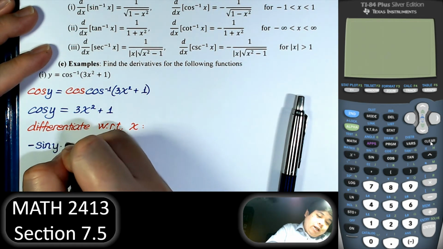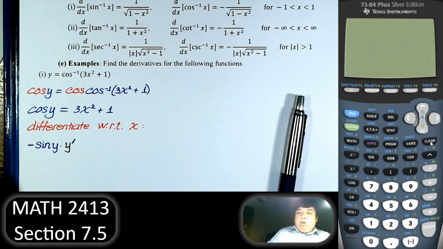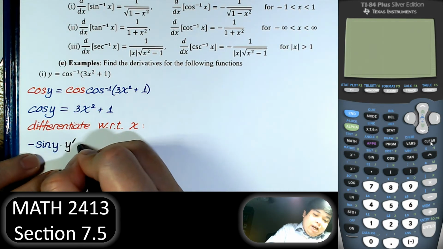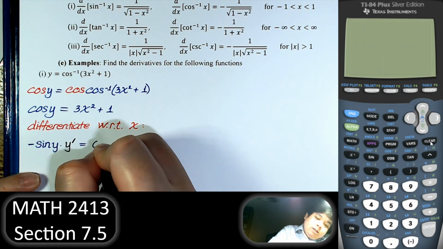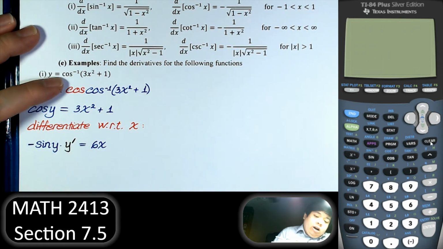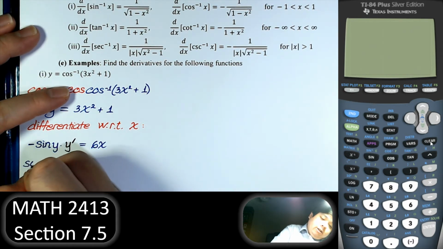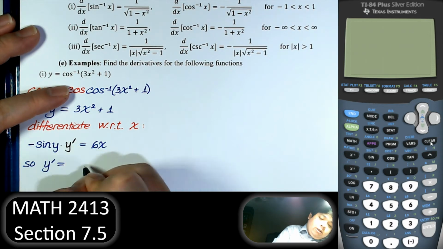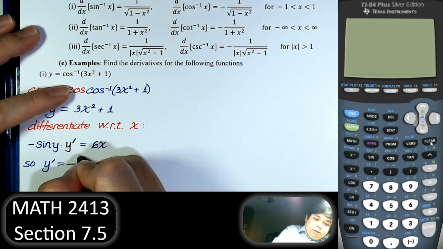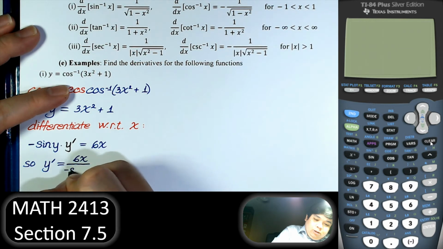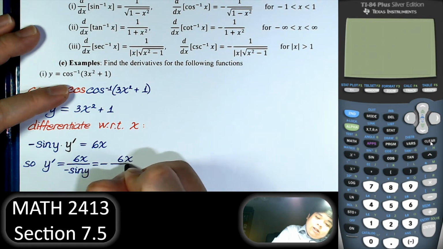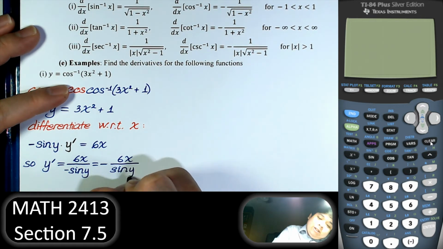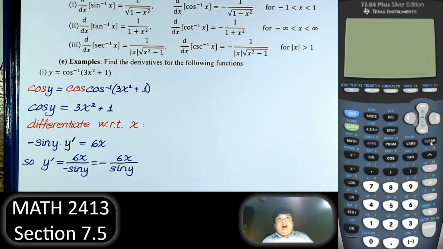And then chain rule says to multiply by derivative of that function. Derivative of 3x squared plus 1 is 6x. So we can divide that on the other side. It will be negative 6x over sine y. We just need to know what is sine y, and that will be it.